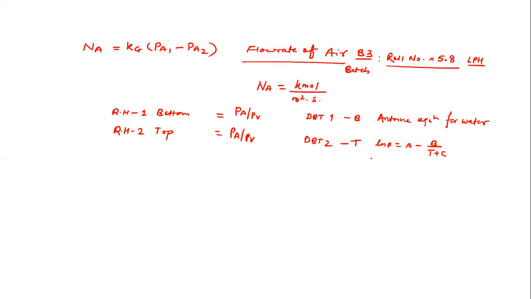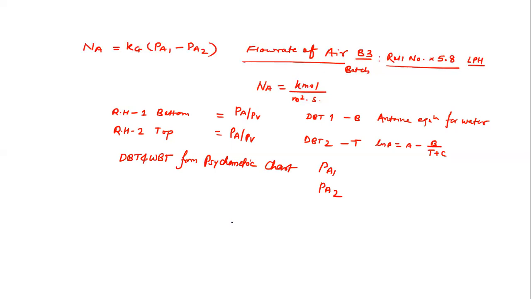So use relative humidity which was obtained from DBT and WBT from psychrometric chart, correct? Find out PA1, PA2.